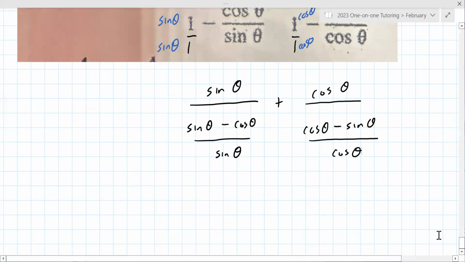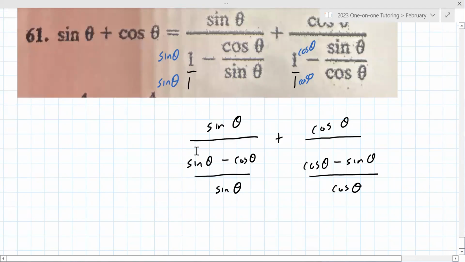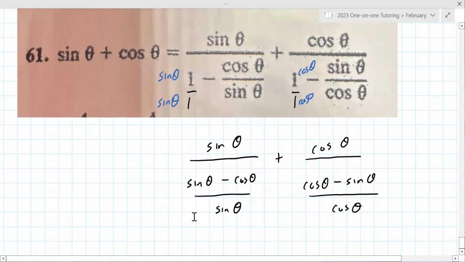So I think, because there's fractions within fractions, this sine theta will end up multiplying the top one here, and then this sine theta, cosine theta will remain on the bottom. But I'm not sure if, see, the other thing we could have done, those don't match.